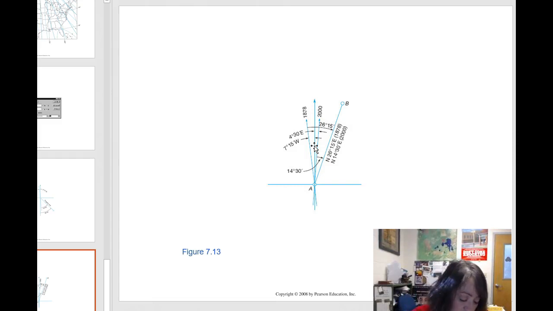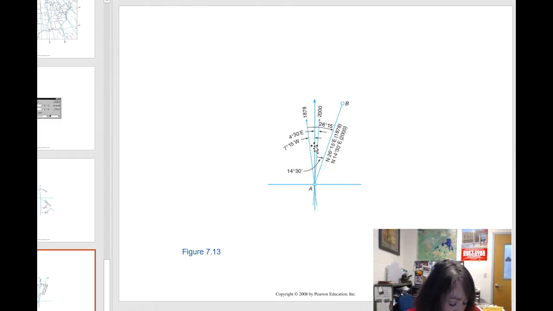So 26 degrees 15 minutes can be awkwardly written as 25 degrees 75 minutes, but now I can subtract 30 from 75 and get 45 minutes, and subtract 4 from 25, which is 21. So my true bearing is 21 degrees 45 minutes, and I'm in the northeast quadrant. So my true bearing is north 21 degrees 45 minutes.